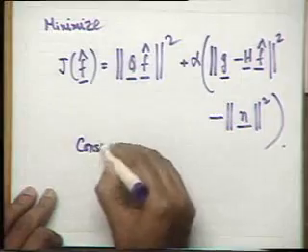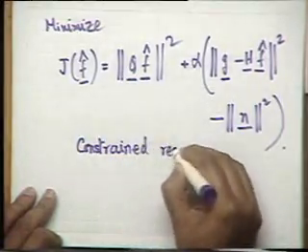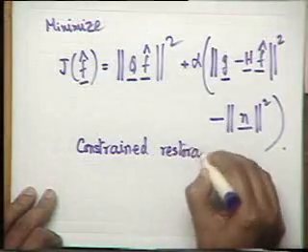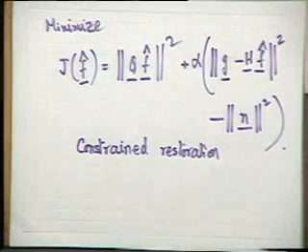So the image restoration which we will get by minimizing this expression, we will call that image restoration a constrained restoration. So if I solve this, I will be doing what is known as a constrained restoration.